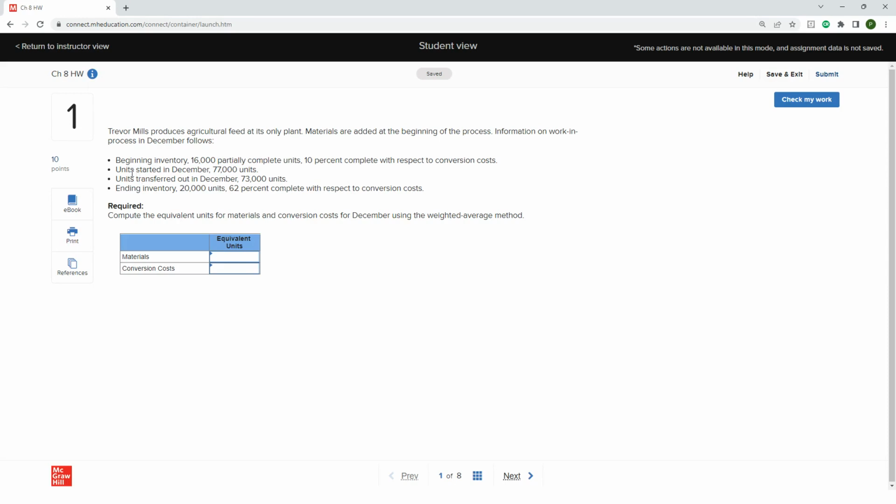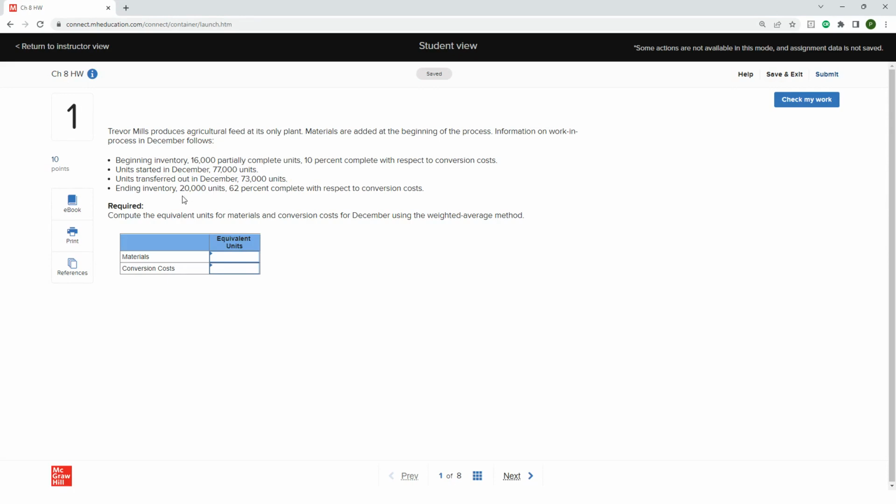We also know that we started 77,000 units in December. And again, these 77,000 units are 100% complete in terms of materials. It doesn't tell us where in the process it is with respect to conversion costs, though. Units transferred out were 73,000 units, so those must have been complete with respect to conversion costs.